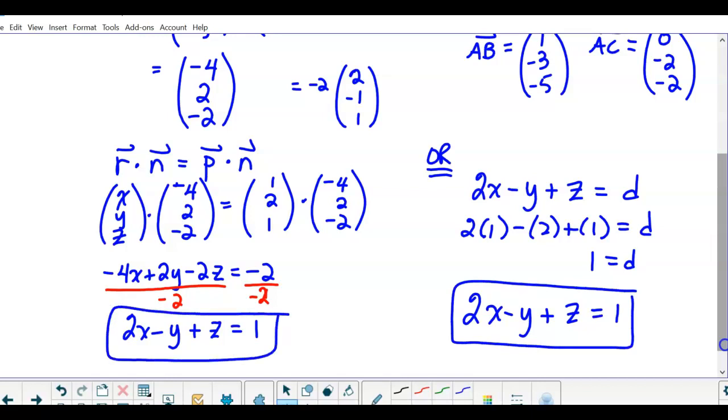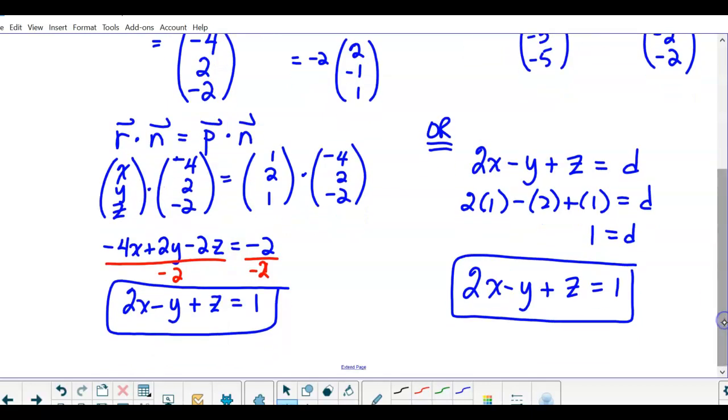Okay, so whichever way you want. You can use this, or you can substitute a point. Even if you don't reduce this, you can put this in as your coefficient, find the d value, and then reduce it at the end.